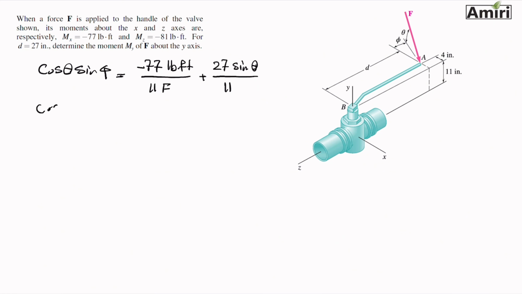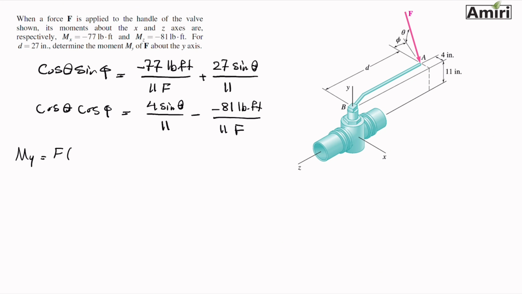And then your cosine theta cosine phi is going to be 4 sine theta over 11 minus 81 pound-foot over 11F.